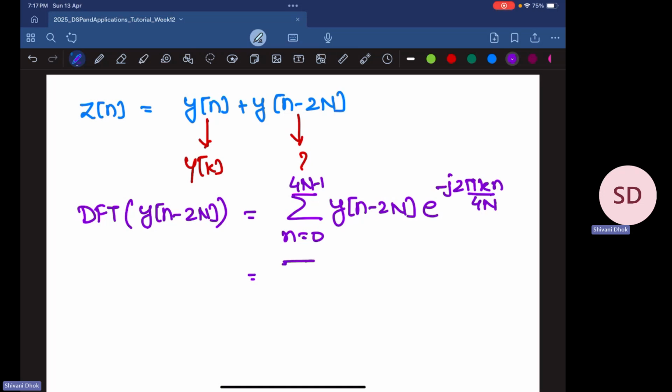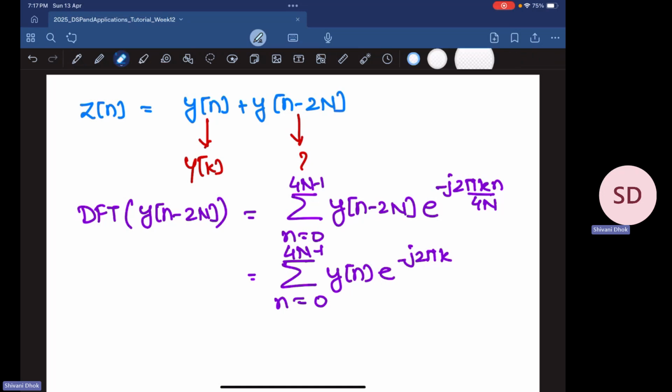This is a periodic thing, so I can write it as summation n from 0 to 4N minus 1 of y of n into e power minus j 2 pi k (n plus 2N) by 4N.